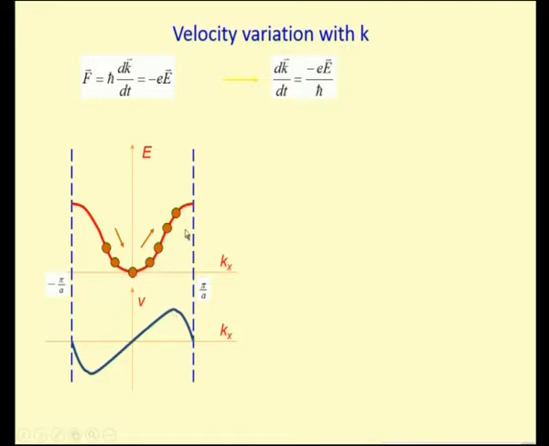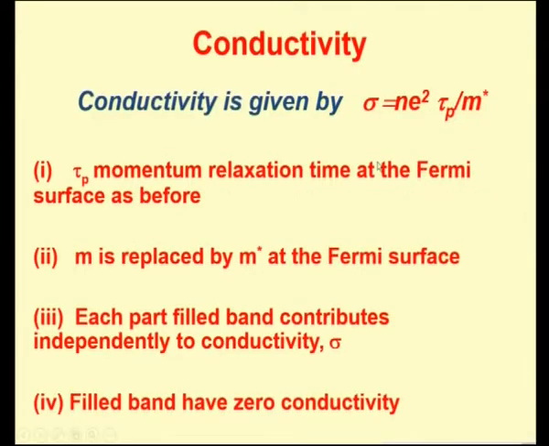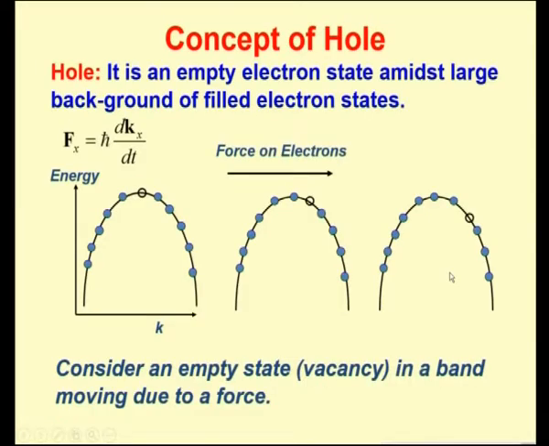At the bottom and top, that means when the band is empty and when the band is full, the velocity is 0. So the current density will be 0, and therefore they will behave like insulators. Conductivity of course is given by n e squared tau by m, where tau is the relaxation time, which is the time interval between two successive collisions on average.